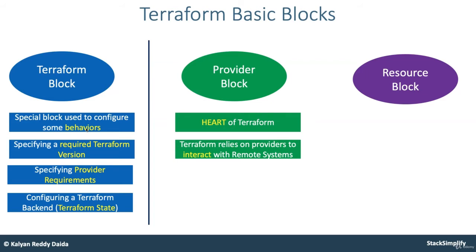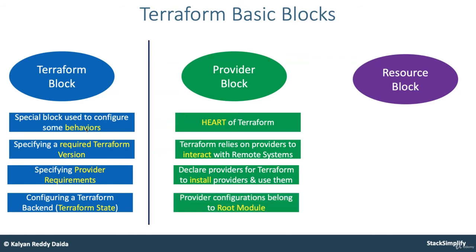Terraform relies on providers to interact with remote systems, whether it is AWS cloud, Azure cloud, or Google cloud. We are able to contact their cloud APIs and provision resources only using the provider that is built and that we download to our local CLI. We declare providers for Terraform to install and then use them.